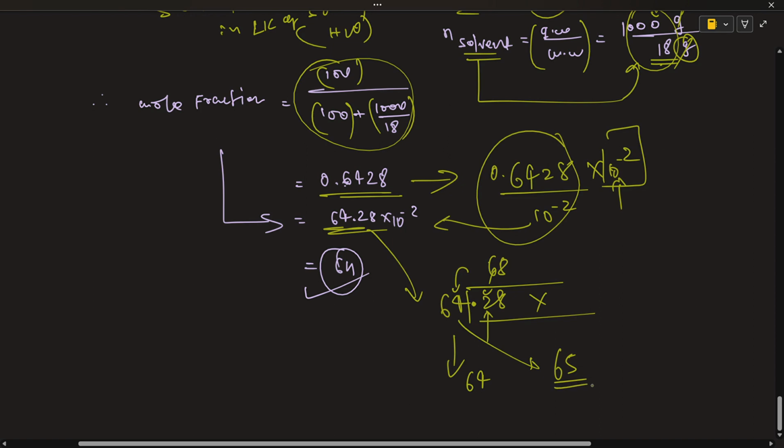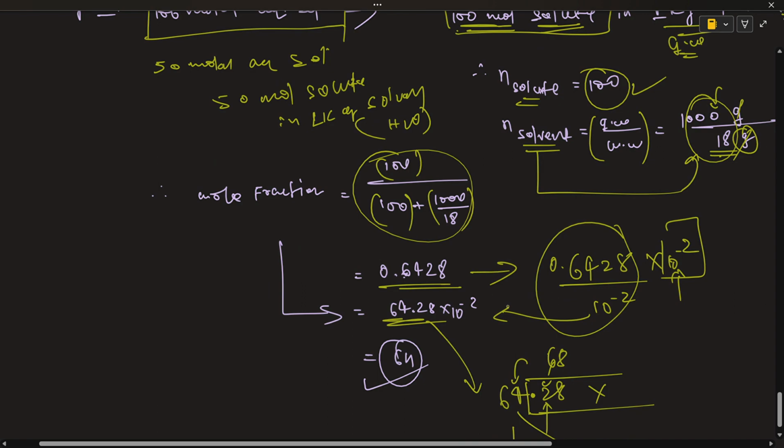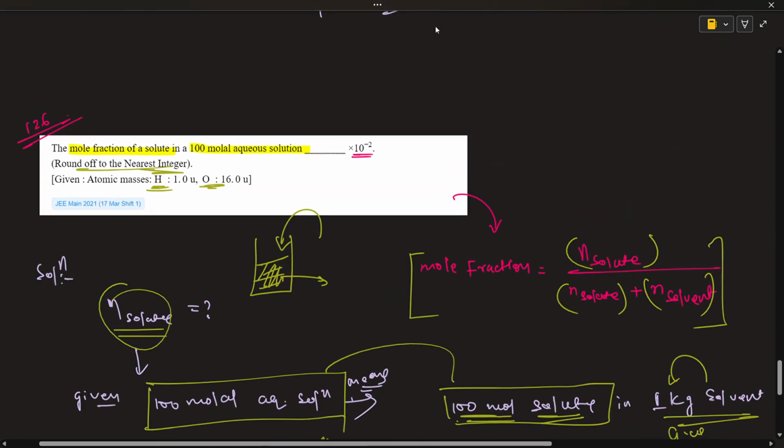But suppose it were 6 and 8, then this would become 65. Got it? This is called rounding off. As you solve many questions now, you will understand how to do it. Or if you are still getting confused, then you can search on YouTube for the rounding off concept for JEE Mains. You will be able to understand it more clearly.